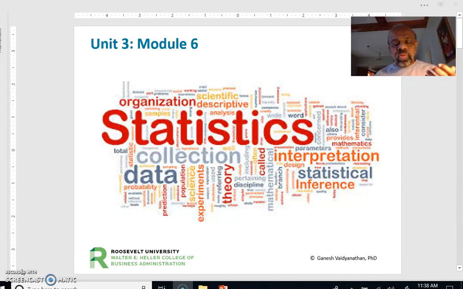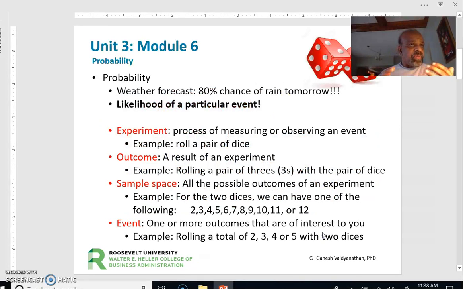Okay, so probability is part of statistics, and it is an important one in the sense that whenever we talk about how this probability can occur, for instance, there is an 80% chance of rain tomorrow kind of a thing.